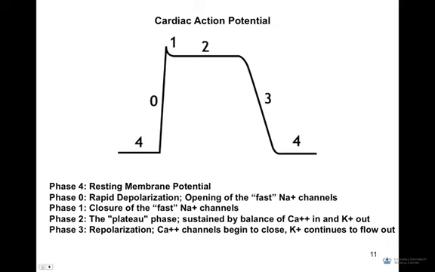In phase 2, or the plateau phase, there are two things happening that keep the membrane potential depolarized. We have potassium ions moving out of the cell, but we also have calcium ions moving into the cell.